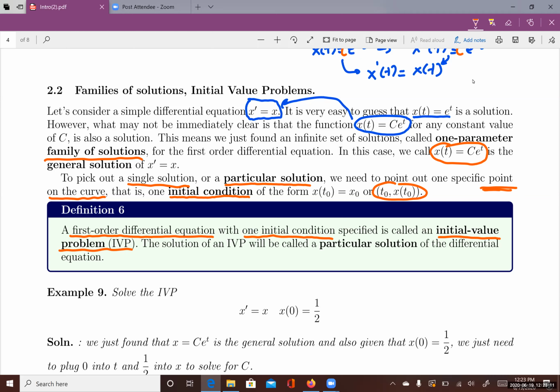And then the solution to an IVP will be called a particular solution of the differential equation. So you have the first order differential equation, you have an initial condition, then you have an IVP. And when you find the solution for this IVP, then you have the particular solution to the differential equation here.